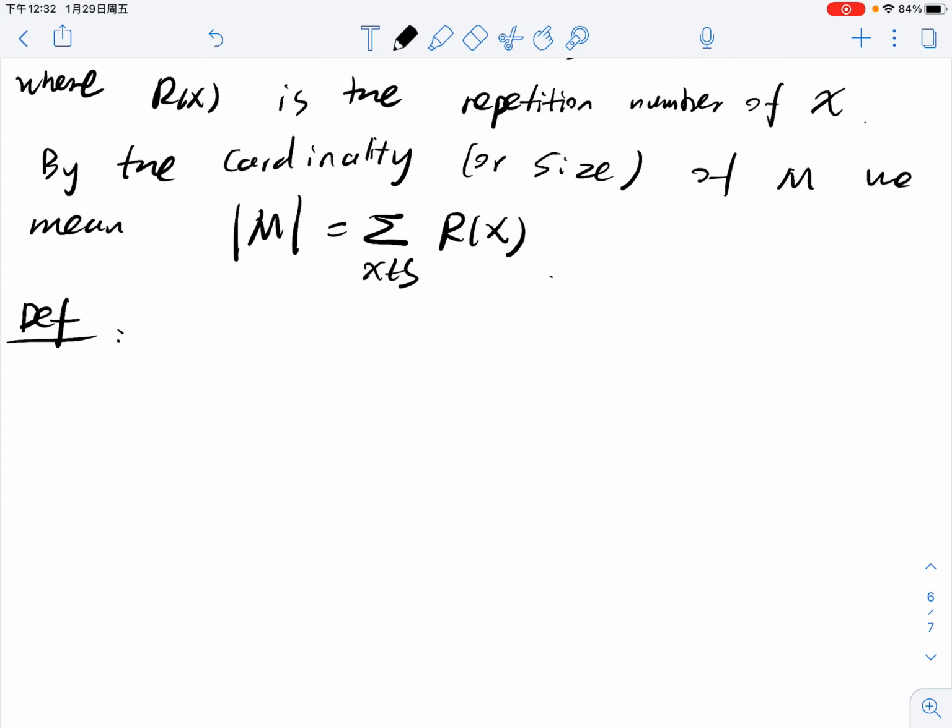So, definition. Eventually we want to consider the permutation. So here, let's define what a permutation of a multiset is.